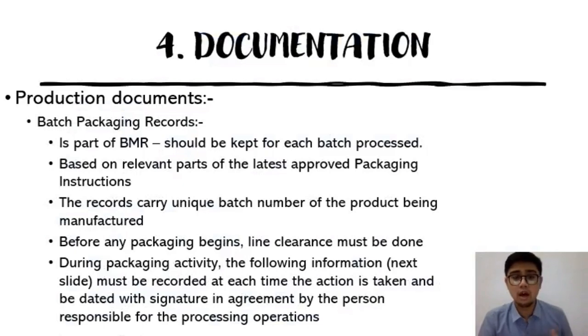And now we continue with the last part of the production documents, which is the batch packaging record. It is also a part of the batch manufacturing records, and it is based on the details in the packaging instruction with the addition of the batch specific details that will be discussed in the next slide.